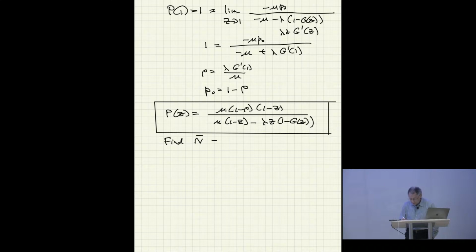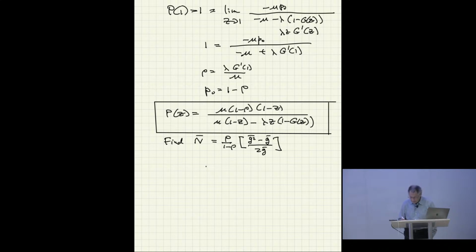If you do it, you're going to get the following expression: rho over 1 minus rho, just to give you the answer now, times the second moment of g minus the first moment of g, which you can get from the g distribution, over twice g bar.